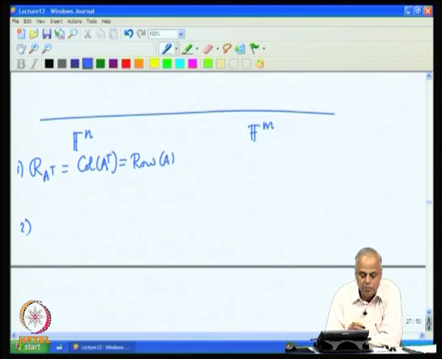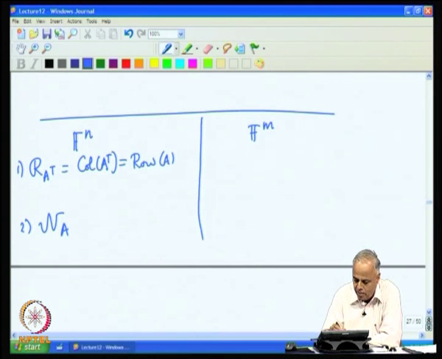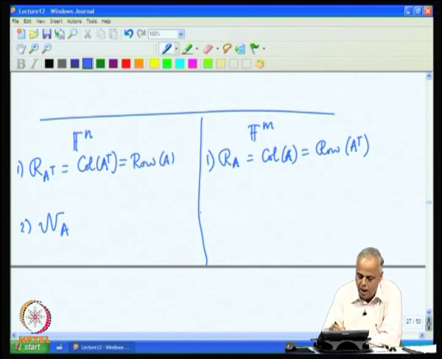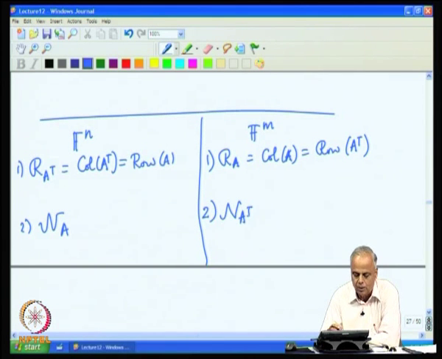The second subspace on the Fn side is the null space of A. On the Fm side, we have the range of A, which is the same as the column space of A, which is the same as the row space of A transpose, and the null space of A transpose.